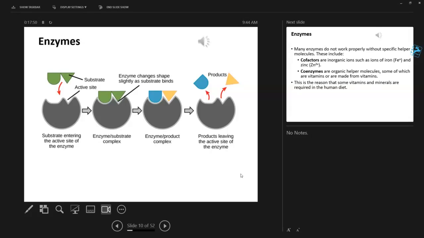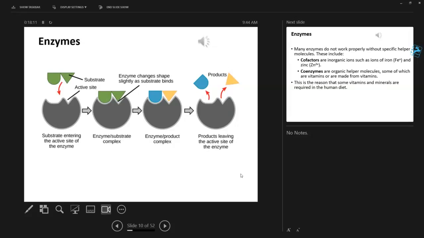So the sucrose molecule would temporarily bind to the enzyme, and then the enzyme would break the bond between the two simple sugars, and then release them, release the two smaller molecules.